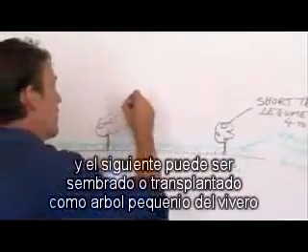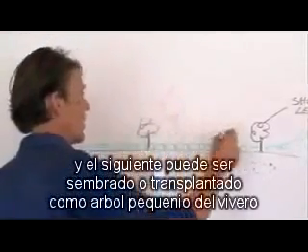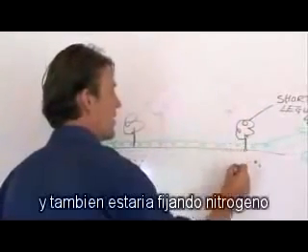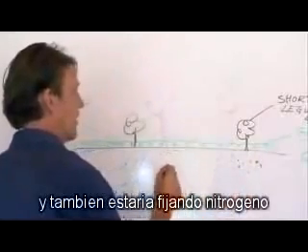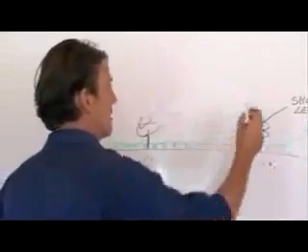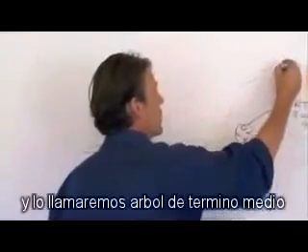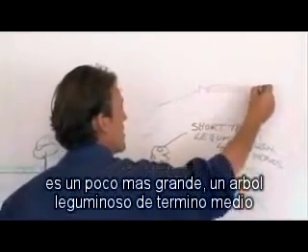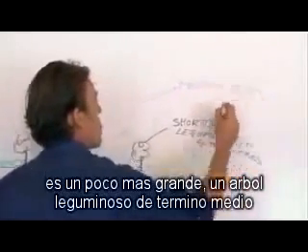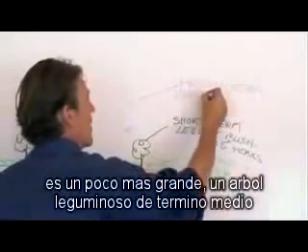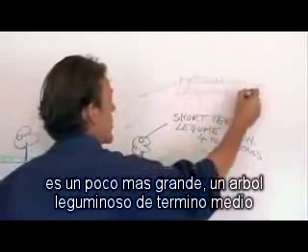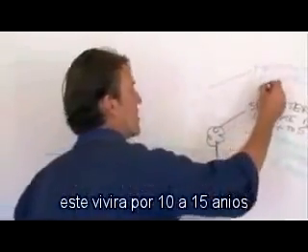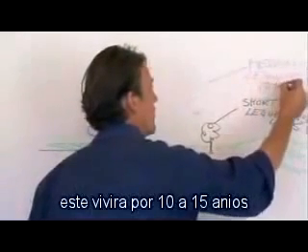Our next one can be planted by seed or as a small tree, a small podded tree from a nursery, and it will also be fixing nitrogen. And we'll call this a medium term, and it's a little bit bigger in size, a medium term legume tree. But this one's going to live for 10 to 15 years.